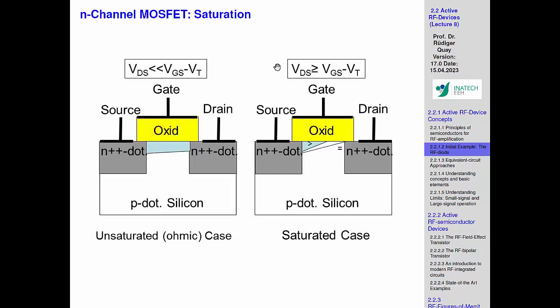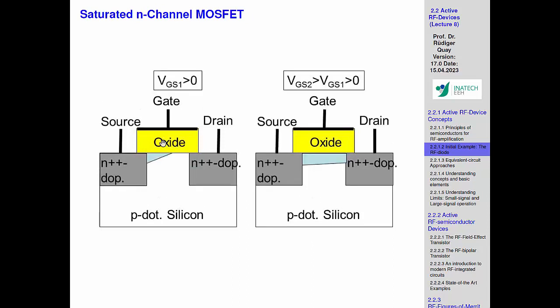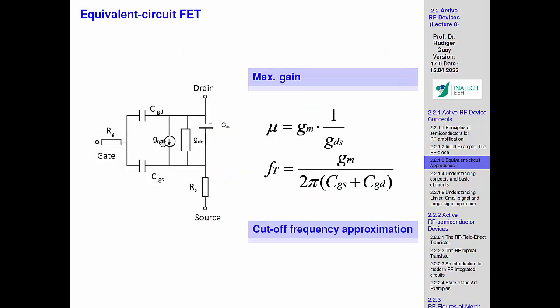So in both cases, the gate controls the current flow, but we want to achieve a situation where if this VDS is high, we want this channel resistance to be there, so that we have a good control of the current flow, but at the same time maintaining the voltage and not, as here, the voltage is proportional essentially to the current, which is not an amplifying element. So at the given voltage, that's why we need the saturated region of the FET, and I hope this becomes clear.